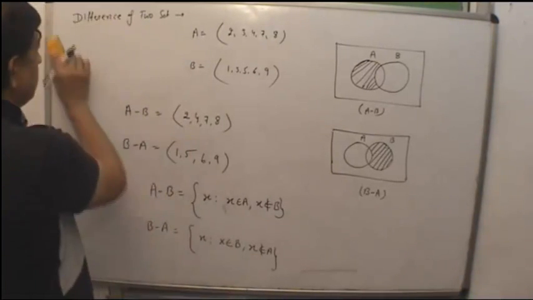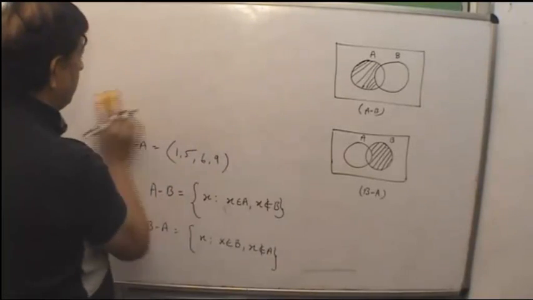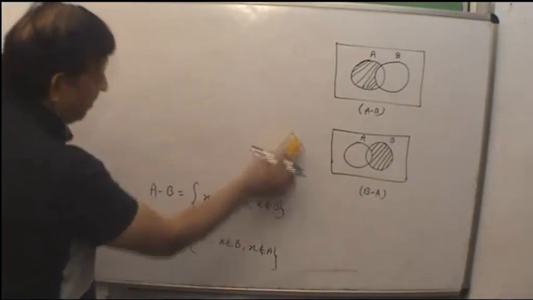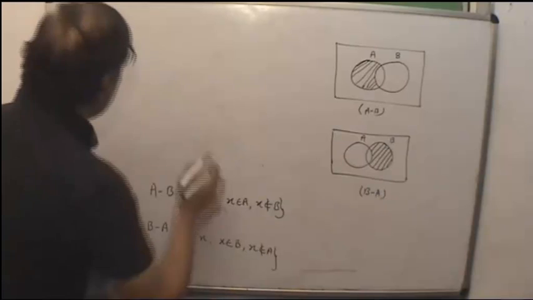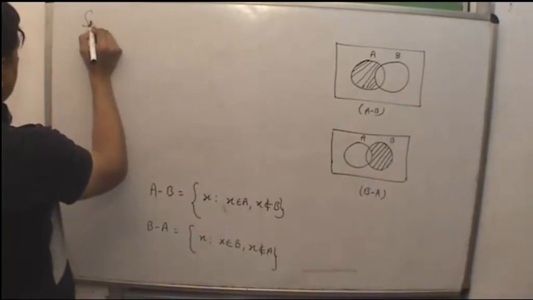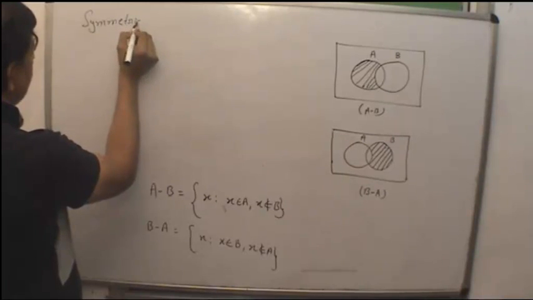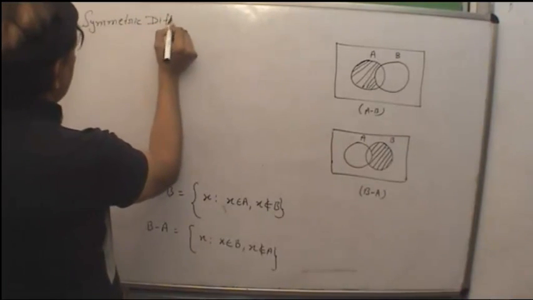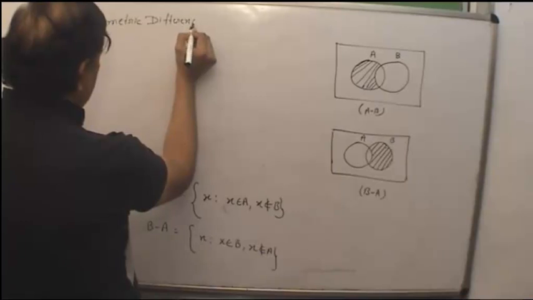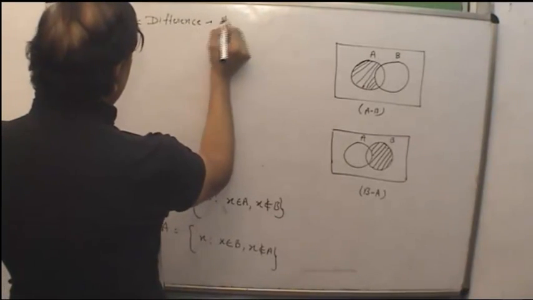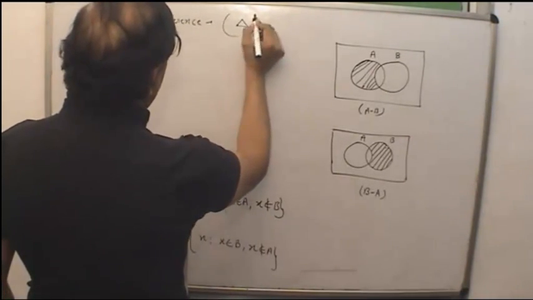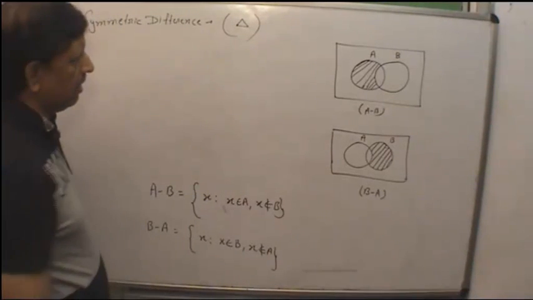Let us see, that is the symmetric difference. What is the symmetric difference? Symmetric difference. We denote it by capital delta.